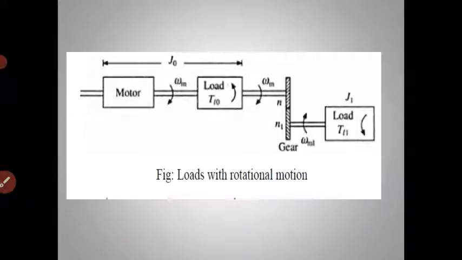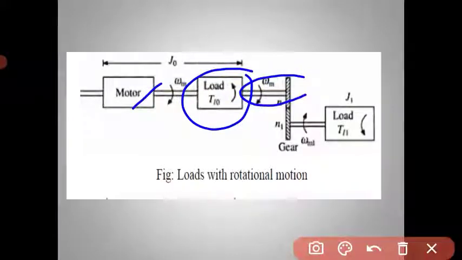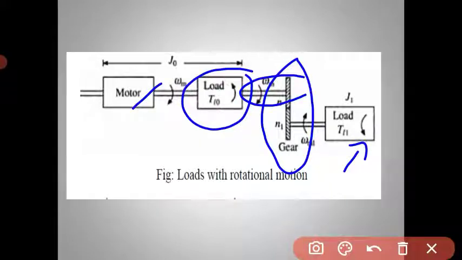Here if you look at this, the motor is directly coupled to the load TL0. Next, it is extended using gear reduction, and another load is connected, that is TL1, with moment of inertia J1.